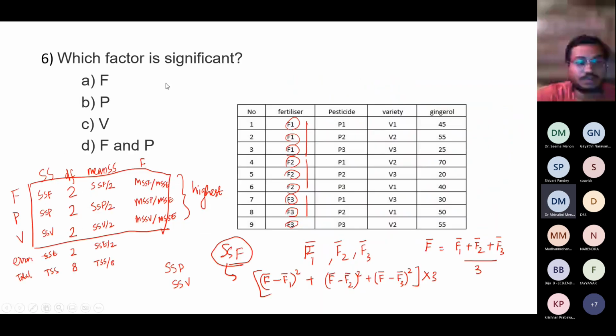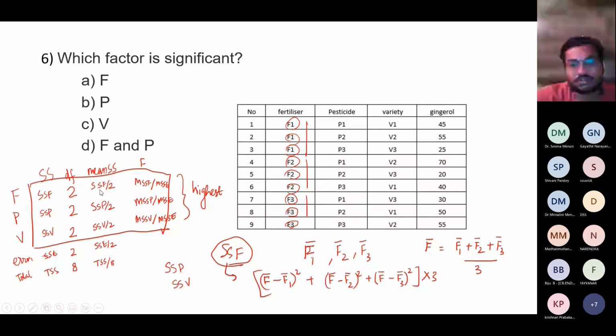For this, we need to build the ANOVA table. For each of these factors, fertilizer, pesticide, and variety, we need to calculate the sum of squares. We also need to calculate the sum of squares of error and the total sum of squares. We get the degrees of freedom. For each of these 3 cases, it will be 2 because we have 3 varieties of fertilizers, 3 varieties of pesticides, and 3 varieties of varieties.